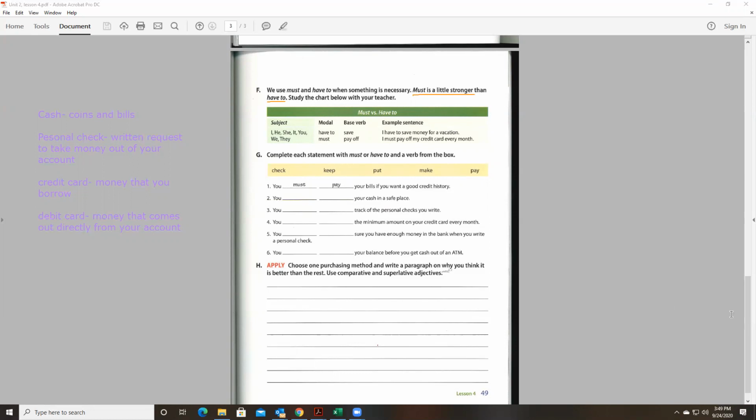Number 2, you, and then here are your verbs. You have check, keep, put, make, or pay. Okay, so you have those 5. So you blank your cash in a safe place.